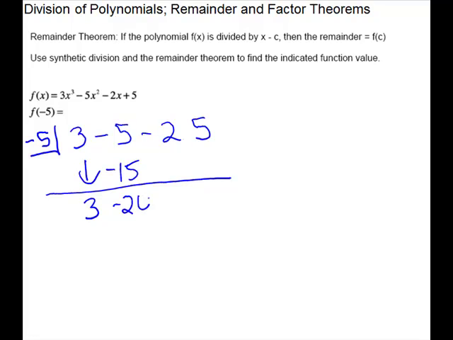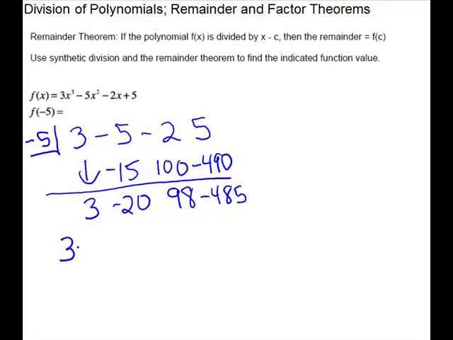Like signs add. -20. Positive 100 minus 2, 98. And 98 times -5, -490. Plus 5 would be -485.